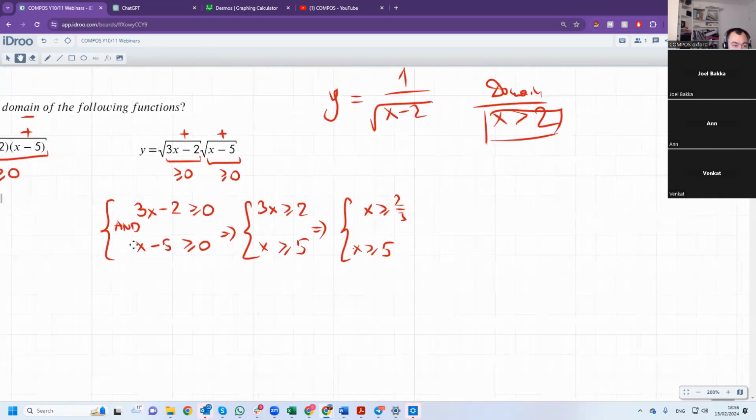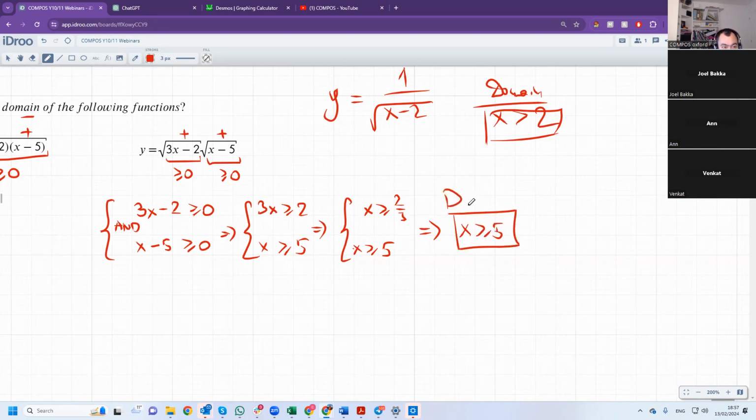So overall, what are the possible values of x? If x has to be greater than 2/3 and it has to be greater than 5, yeah, x is greater or equal to 5. That's it. That's the domain of this function.